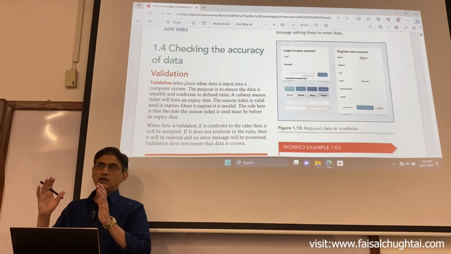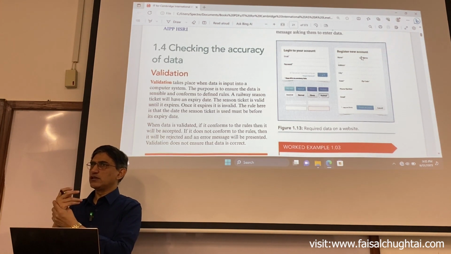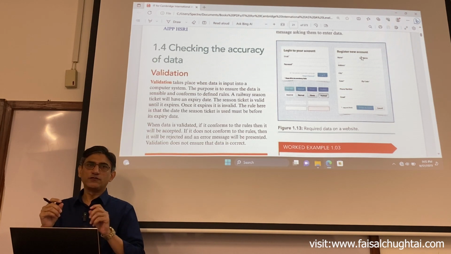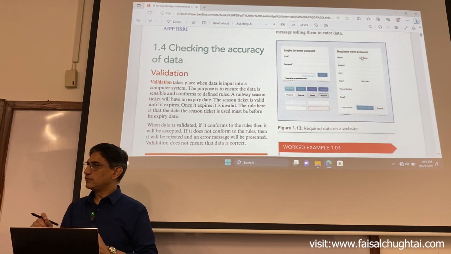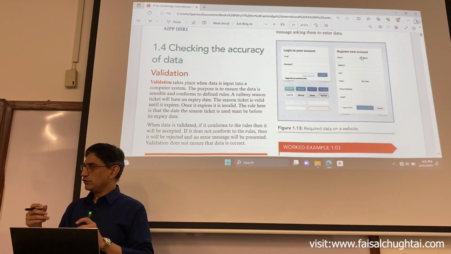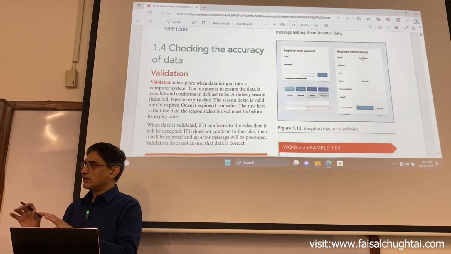Let me give you a quick example of this. When you're filling an online form, sometimes you have to select your country, right? Have you noticed that you are never asked to type the country?